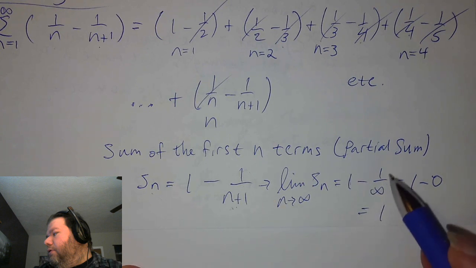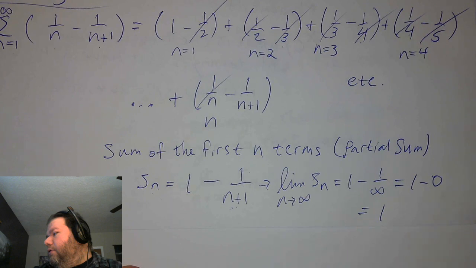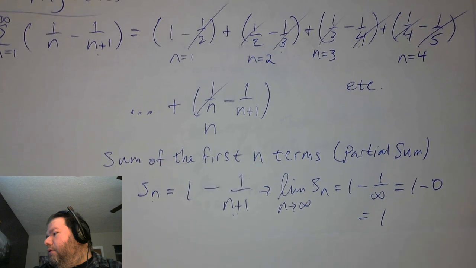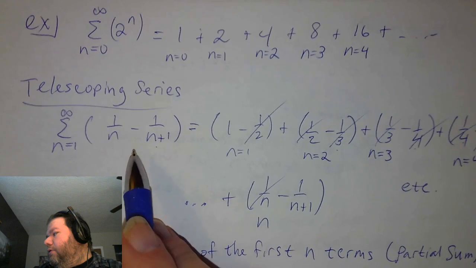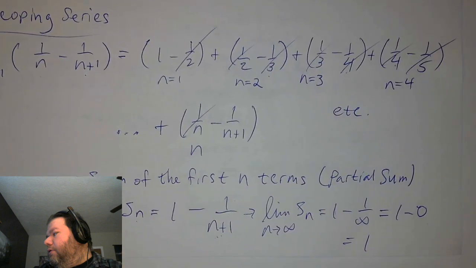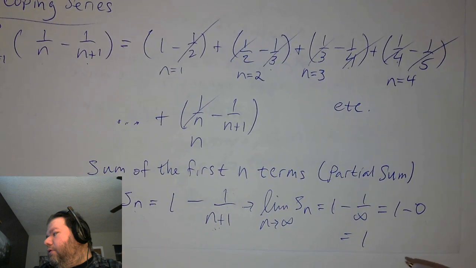Because this one gets arbitrarily small, and we get to 0, and then 1 minus 0 goes to 1. So that means that for our telescoping series, it is possible to determine the sum.